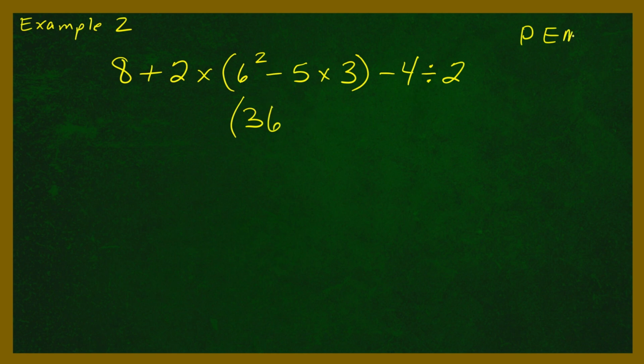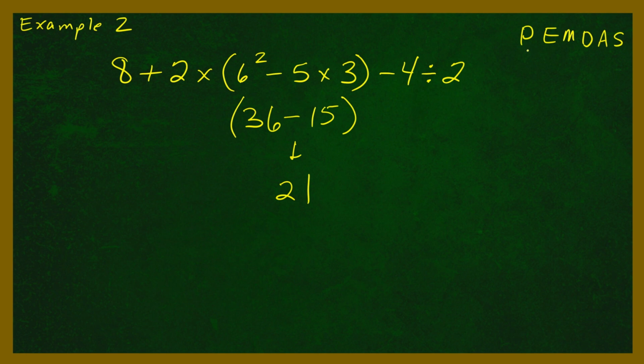And let's move on to our next term, minus 5 times 3, which is 15. Let's go ahead and do that because we know multiplication comes before subtraction. Now we're left with 36 minus 15, which will give us a value of 21.